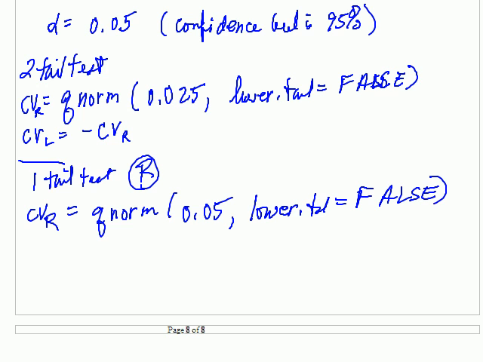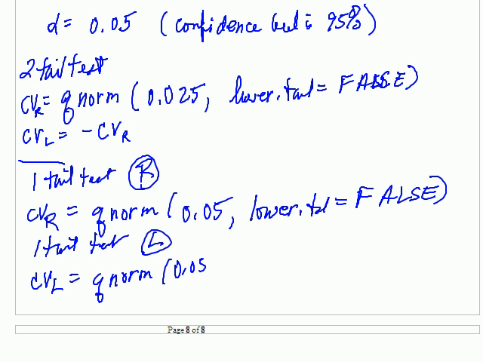Okay, for a one-tailed test that's a left tail, it's similar, except you leave off the lower dot tail equals false, or you could say lower dot tail equals true if you just want to write it out.